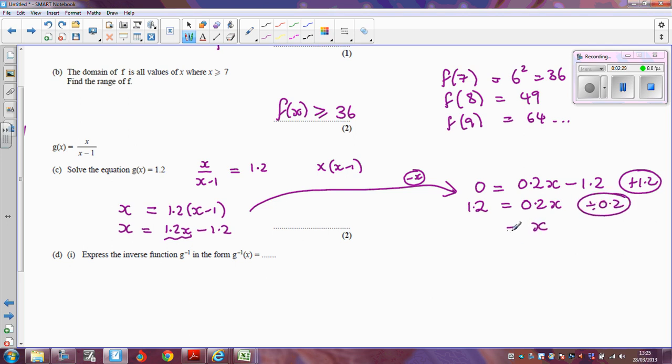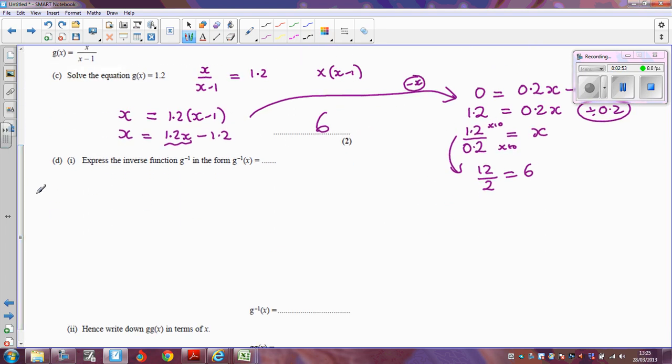So this side becomes just x, this side becomes 1.2 divided by 0.2. Now you can use your calculator there, or you can realize that if you times the top and the bottom by 10, the top becomes 12, the bottom becomes 2, and 1.2 divided by 0.2 is the same as 12 over 2, which is equal to 6. So x is equal to 6.